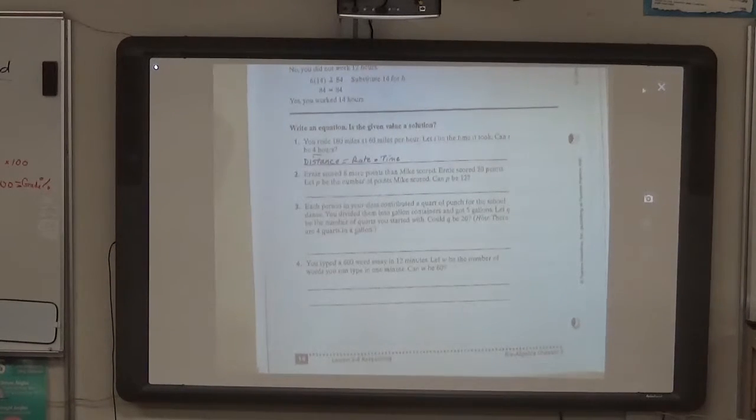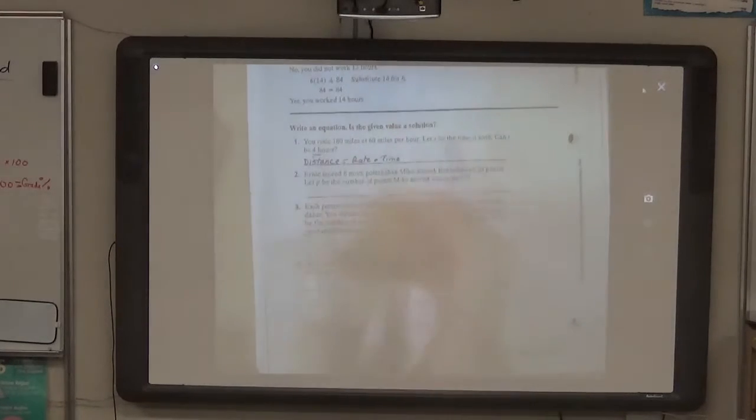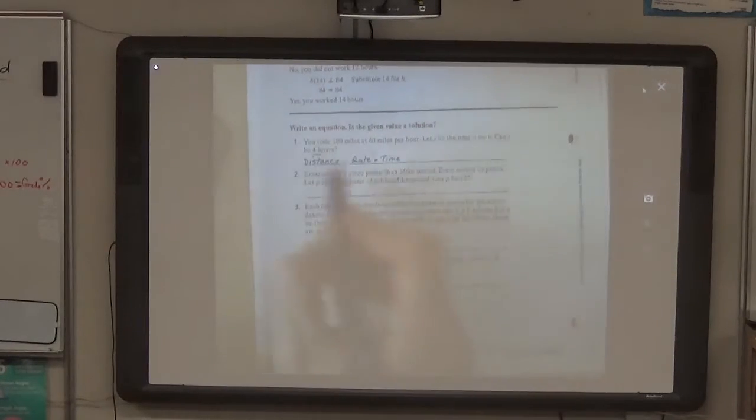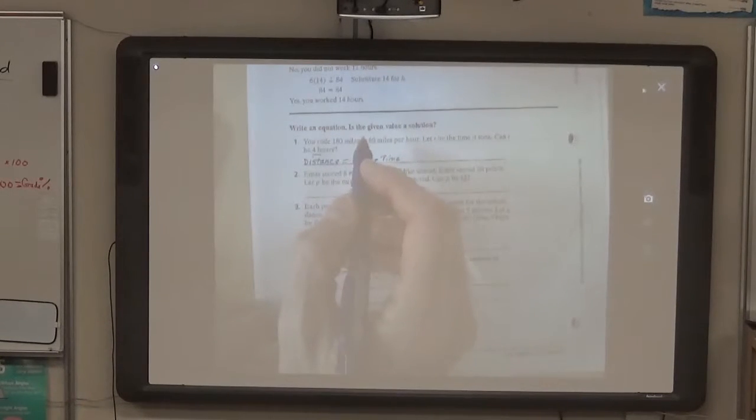So are we given some of these in this question? What are we given? Can we fill in this formula using the information that's given? Brett, what numbers are we given?